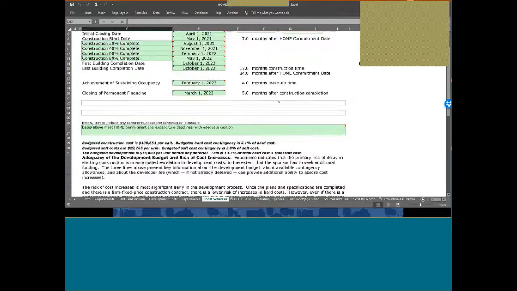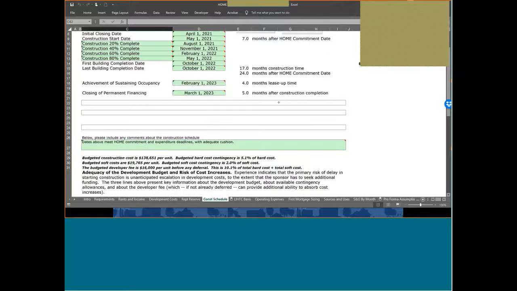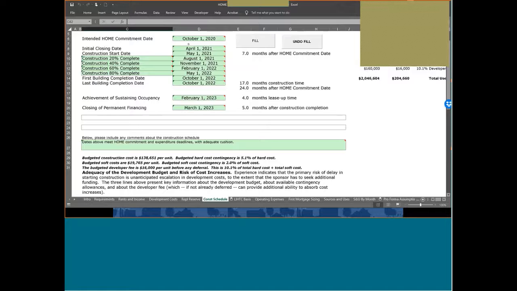So I'll fill that in as if I had filled it in as the underwriter. And not only are these dates in here, but it provides some formula narrative that indicates what those timelines look like. And in the comment box, I filled in that these dates meet HOME commitment and expenditure deadlines with sufficient cushion.